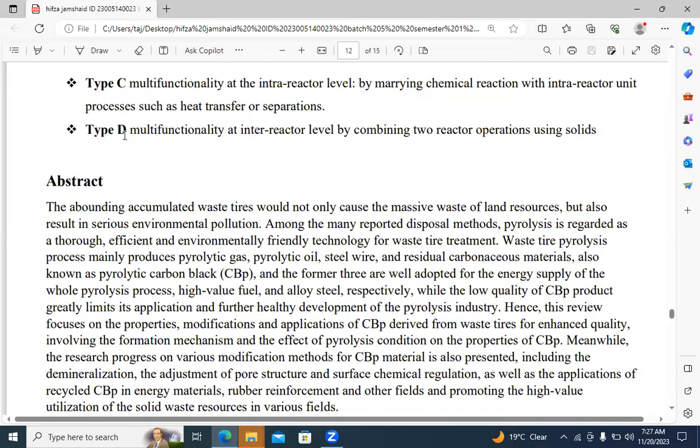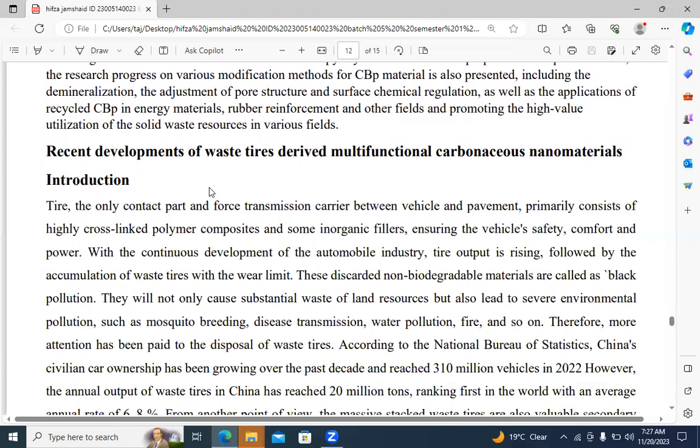And the last one is type T multifunctionality, that is when we combine two reactors by using solids. So there is a review article about recent developments of waste-derived multifunctional carbonaceous nanomaterials.